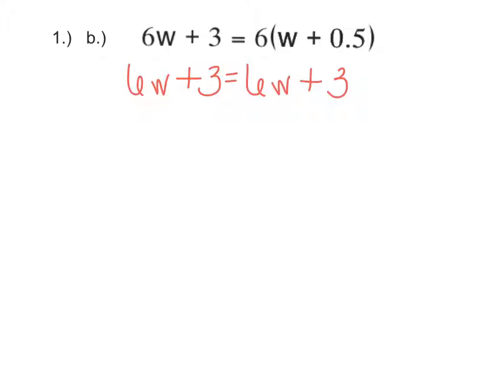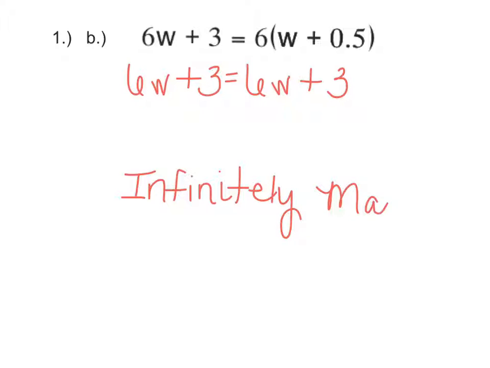So I know that this one is going to be infinite, or infinitely many. I don't have to go any further. If I subtracted 6w from the left, it would also cancel it on the right. Same thing with the 3's. Let's look at another example.